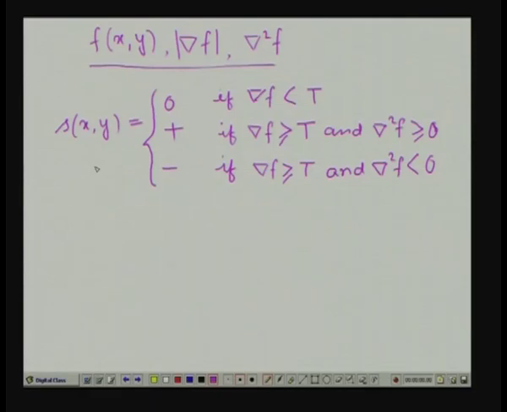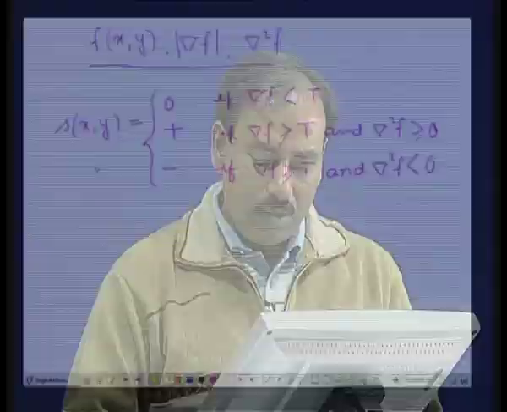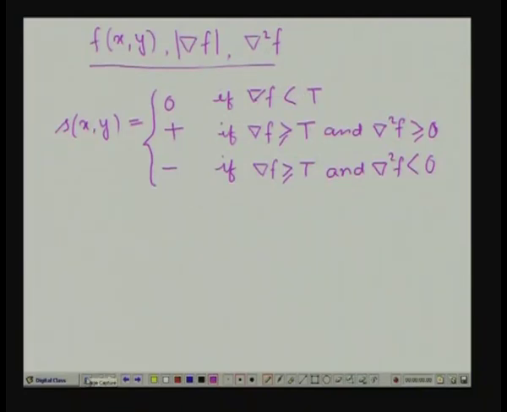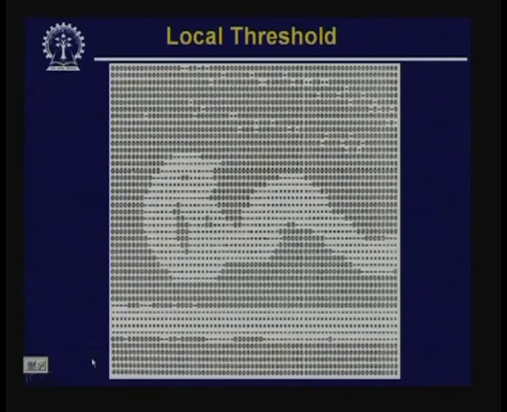In this representation, if s(x,y) is equal to 0, that represents a point that does not belong to the boundary between object and background. If it is positive, then the pixel belongs to the object region. If it is negative, then the pixel belongs to the background region. By using this kind of processing, an intermediate image that we can get will be something like this.